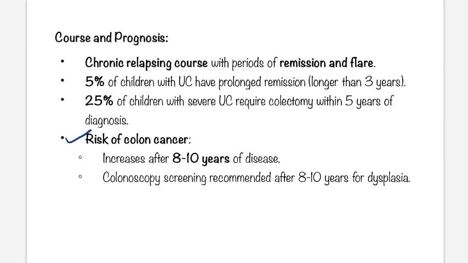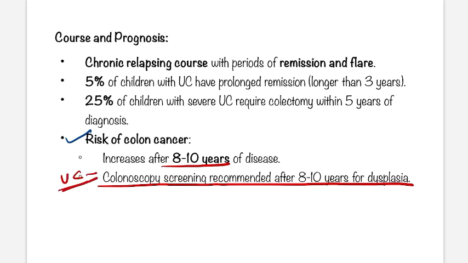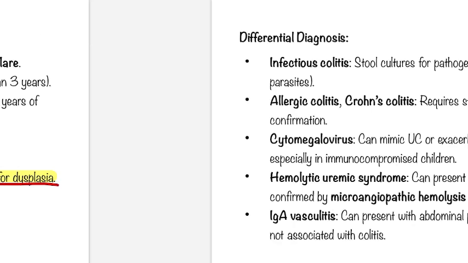Yes, the risk of colon cancer increases after 8 to 10 years. So in UC, colonoscopy screening for dysplasia is recommended after 8 to 10 years. This statement underlines the significance of all our discussion.